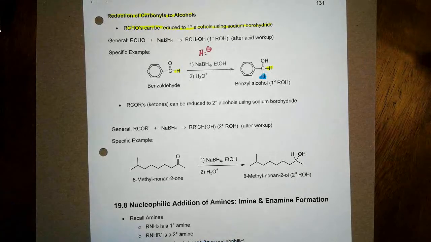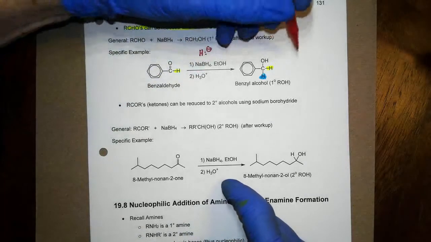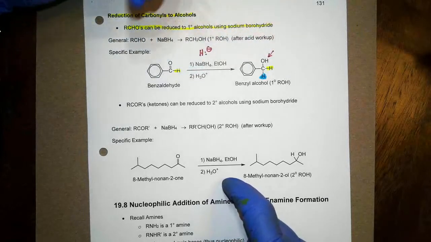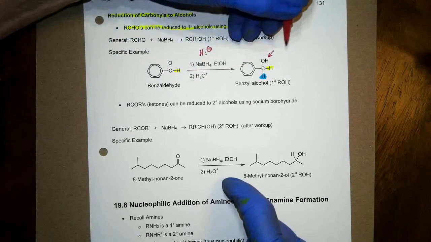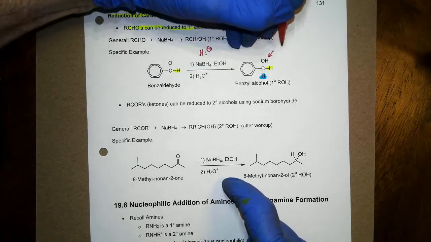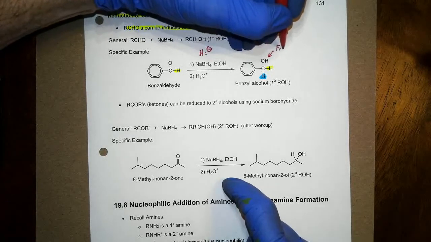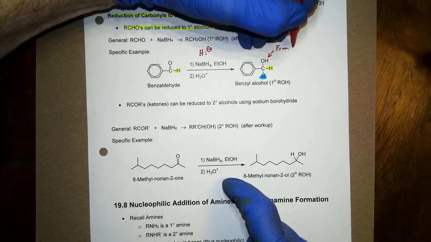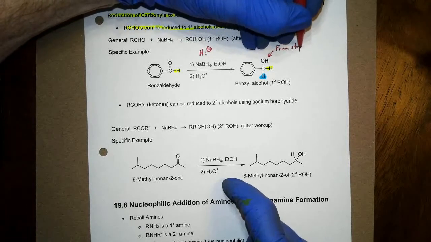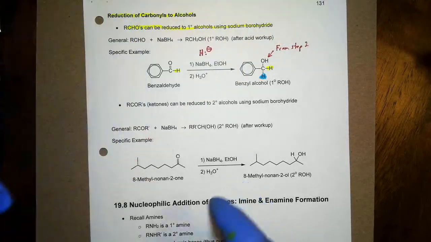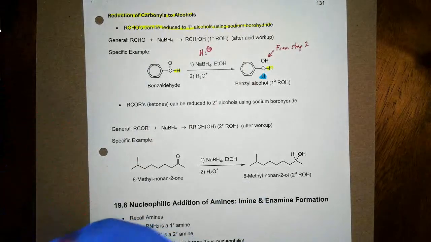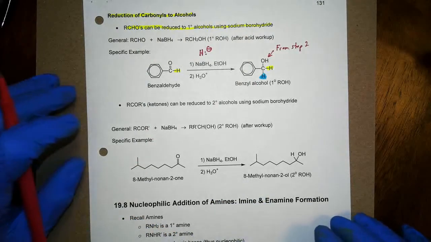And then finally, the proton that you see here, much like the one we just saw with the Grignard, is placed on the alkoxide in step 2. A person could use water, or ammonium chloride, some source of a Bronsted-Lowry acid.